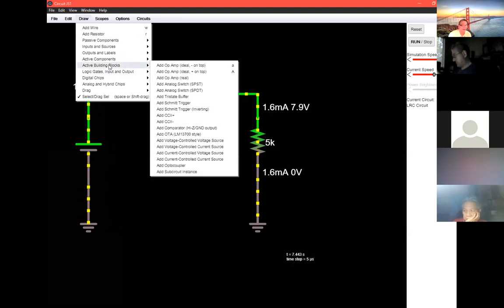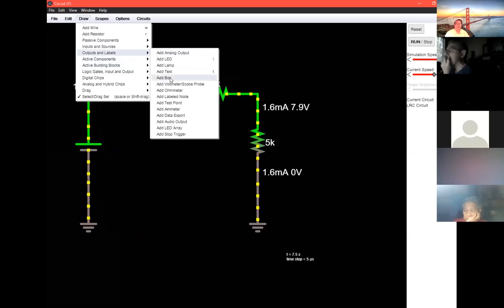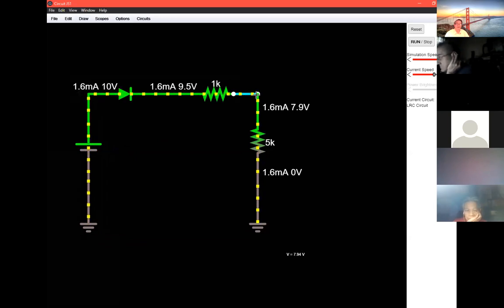See, that is exactly the same circuit we have. Then they can tell you what voltage or what current. Can you display the voltage after the diode?